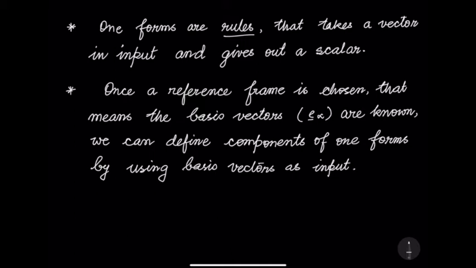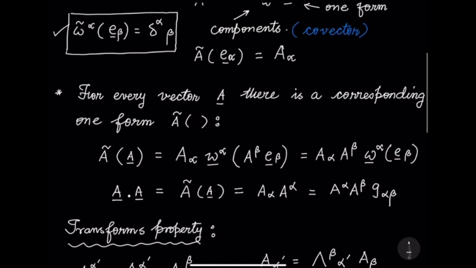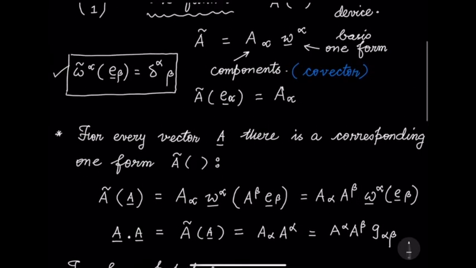Okay, so this we have seen already. I am just writing it down again to remind you. So if I put the alpha basis vector as input, I get a component, the alpha component of the one form.